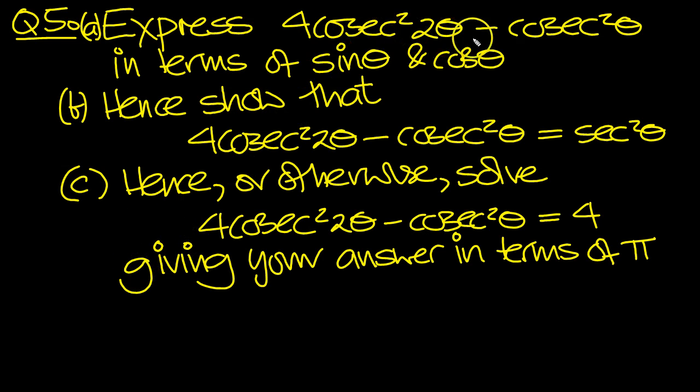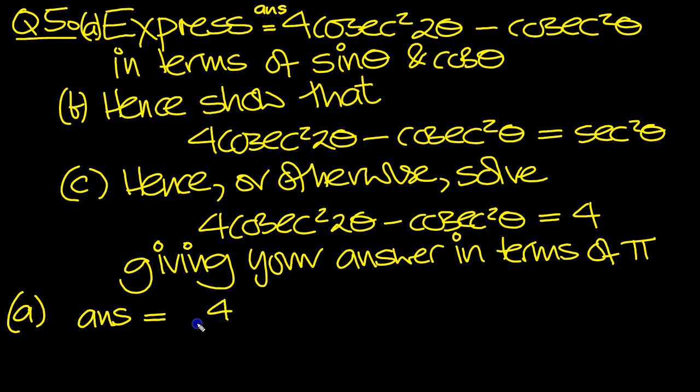So cosec squared 2 theta minus cosec squared theta, express this in terms of sine theta and cos theta. Okay, so part A. The answer equals, so this thing I've just labelled as answer, so I don't have to write it again. Now, cosec squared 2 theta is 1 over sine squared 2 theta, isn't it?